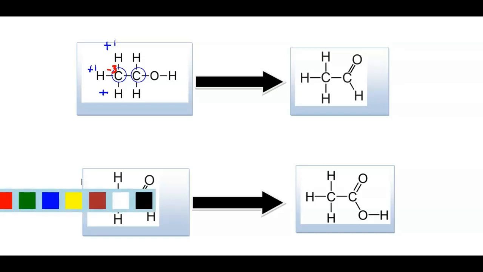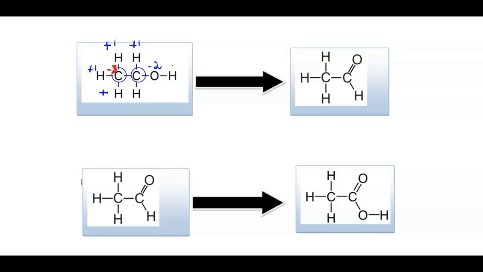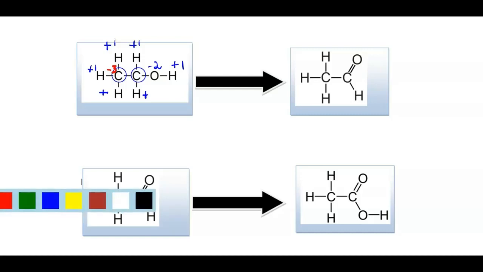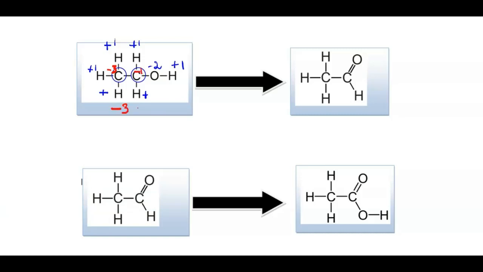In a similar way, for this part, +1, -2, +1, +1, and when we solve it together we get +1, so we write -1 here. So what is the oxidation state of carbon? -3 and -1 gives -4 in this carbon of ethanol.